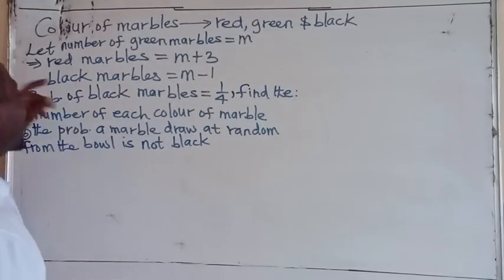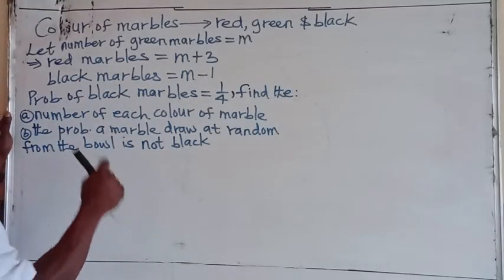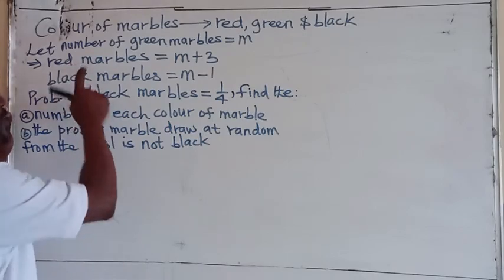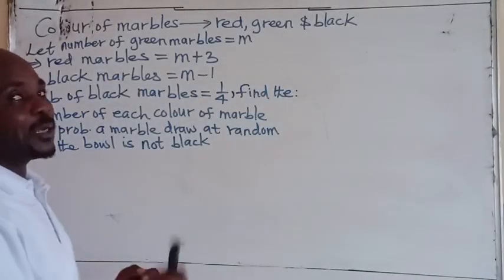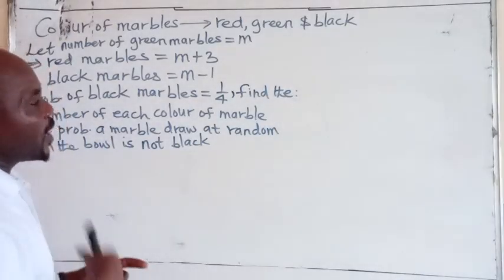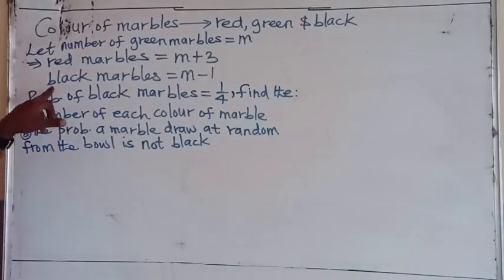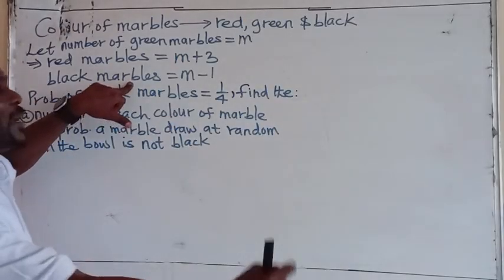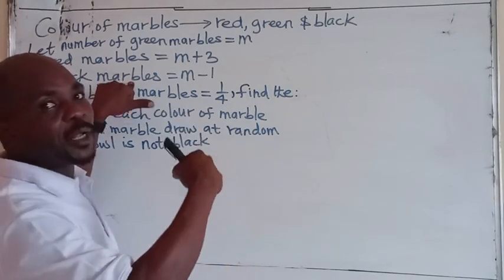The question said that the number of red marbles in the bowl is 3 more than the number of green marbles, and the number of black marbles is 1 less than the number of green marbles.